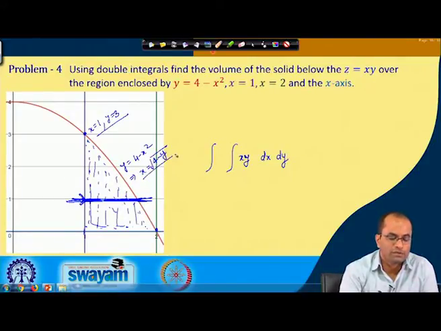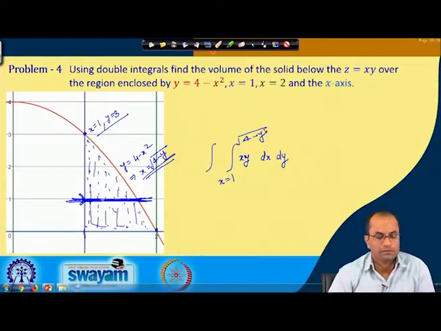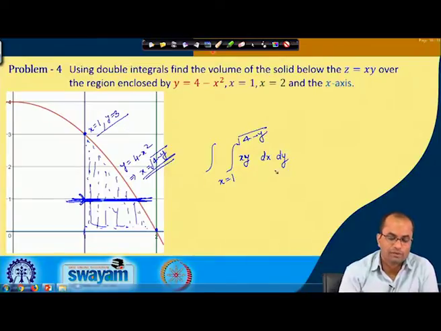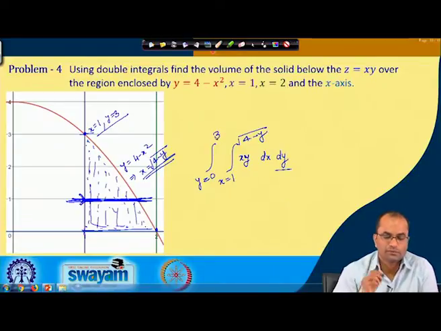So, for the inner integral x goes from 1 to the square root of 4 minus y, and for the outer one, y goes from 0 to 3.